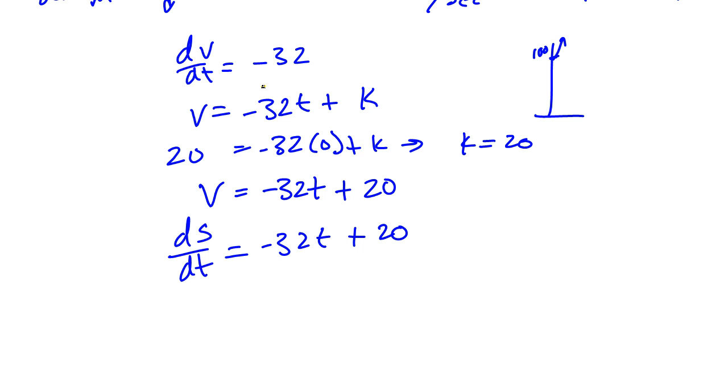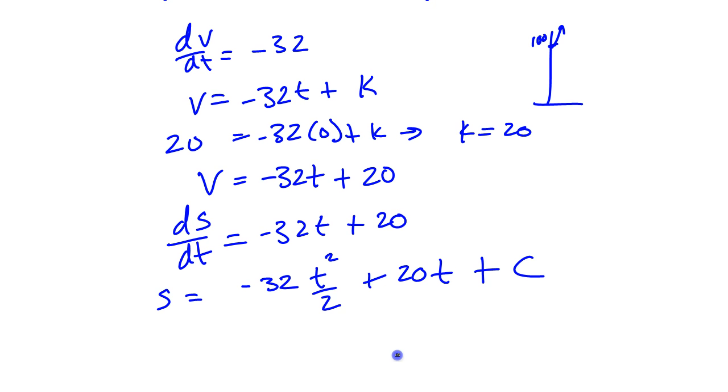Now, ds/dt is this, so how do I calculate s? Well, if I've got the derivative of s, then I need to take an antiderivative. I got a linear function here, so I've got a minus 32. The t antiderivative would be t squared over 2. The 20 is 20t, and then there's plus a constant. Okay.